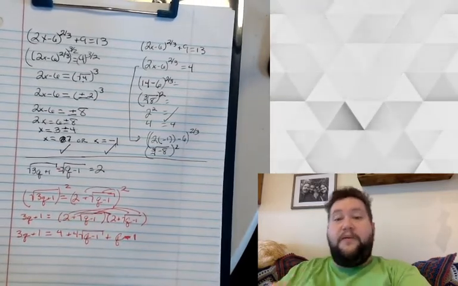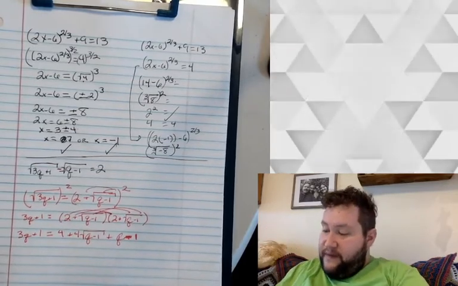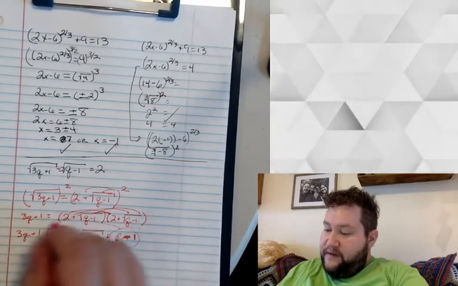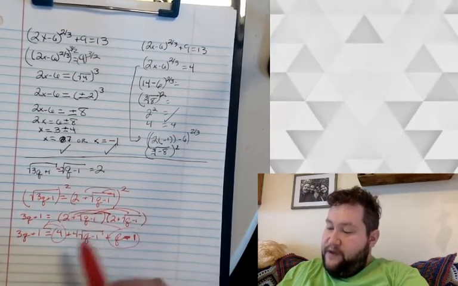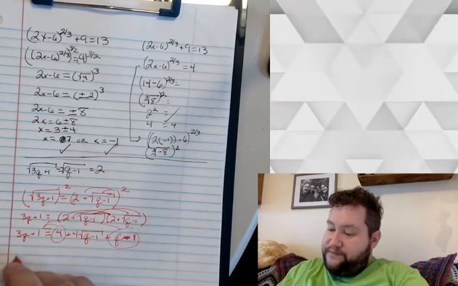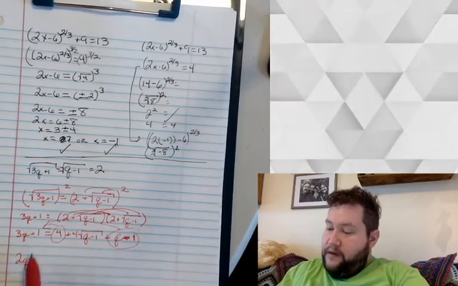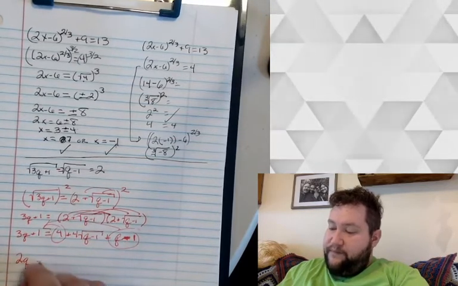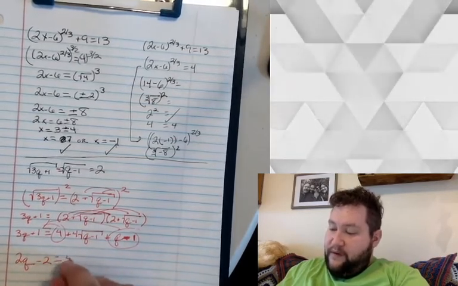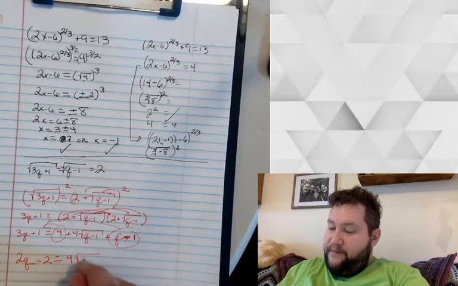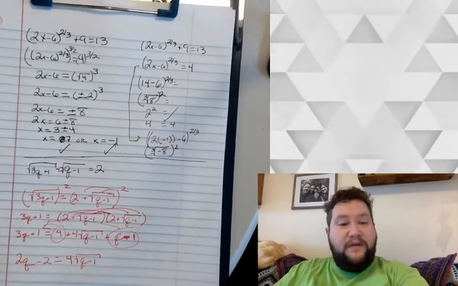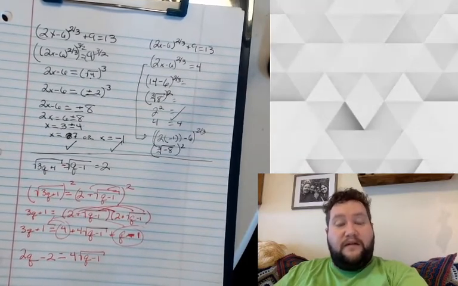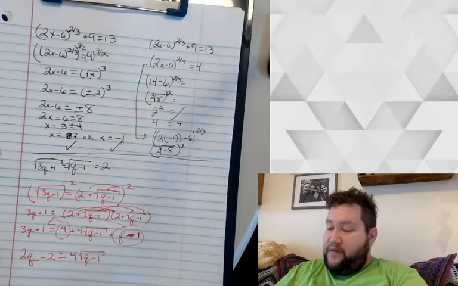And now we need to go back to the isolate the radical step. So let's go ahead and we'll take this term and these two to this side. So 3q minus 1q is 2q. 1 minus 4 is negative 3, plus 1 is negative 2, equals 4 root q minus 1. Now you can divide both sides by 4, or you can leave the 4 there, because if you say isolate the radical, you can leave that constant in front of it, and that won't affect it.